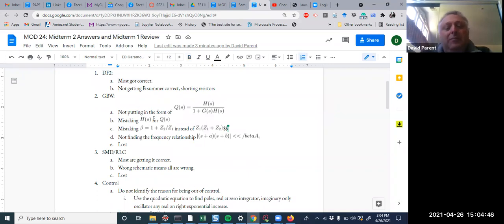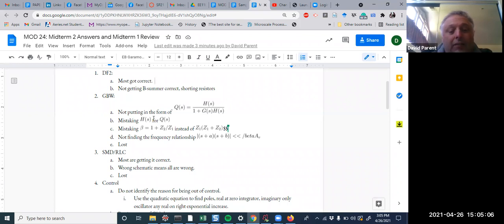Now the gain bandwidth problem, there's some confusion where the first step is to put it into the Q of S type form, and H of S is just the op amp itself without the feedback network.